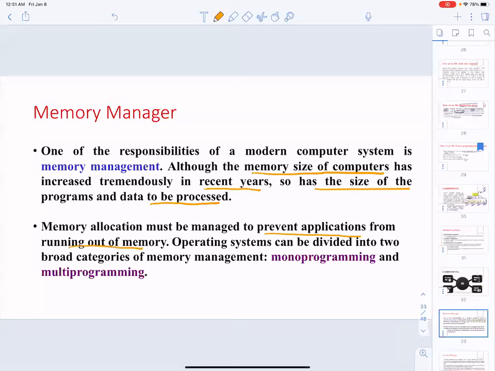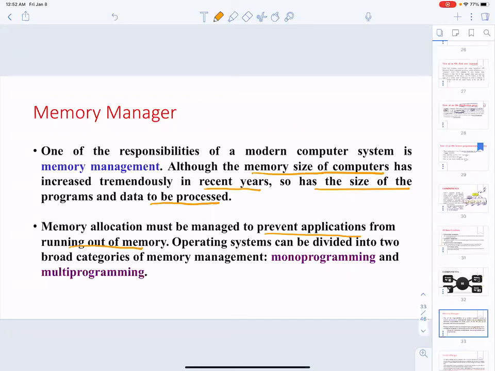If you design an operating system that's not efficient enough to manage its own memory, you might end up with no space in your memory and lots of processes waiting in line, and then your computer will take forever to execute those processes because we're running out of memory and don't have enough allocation in the memory to execute them. That means your operating system is not efficient.